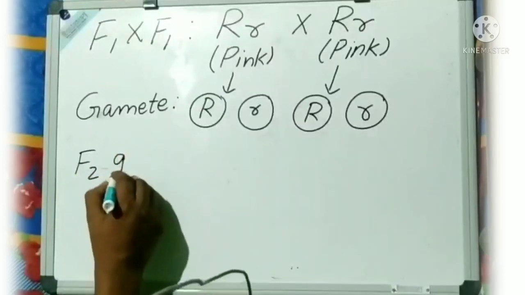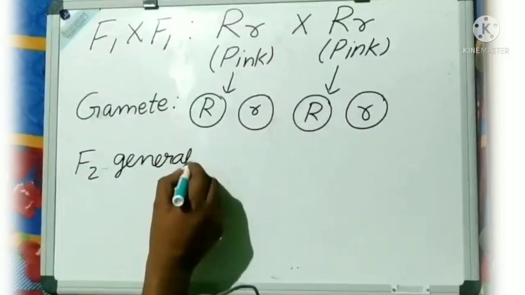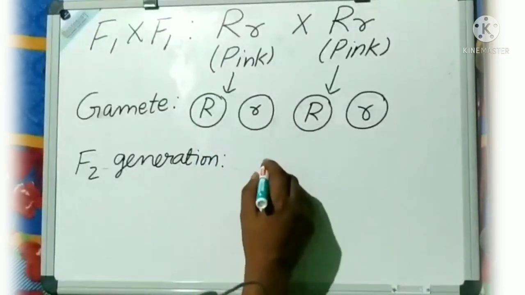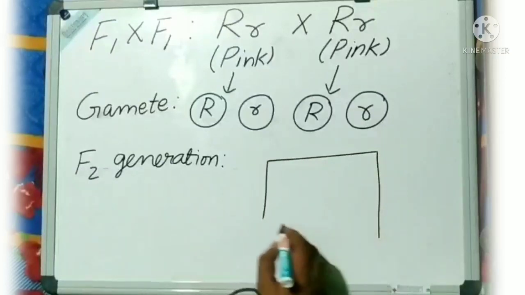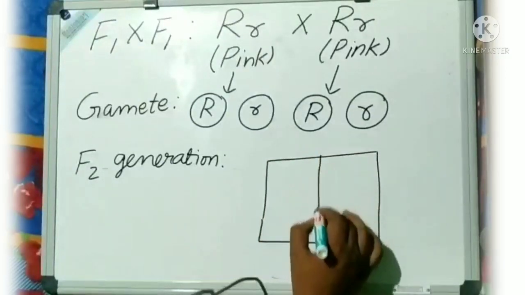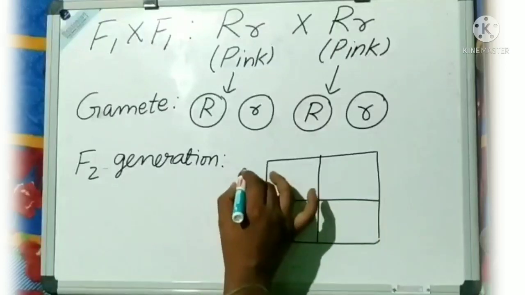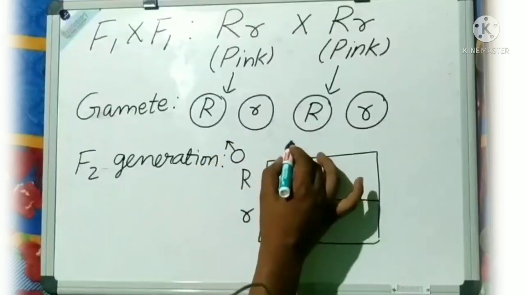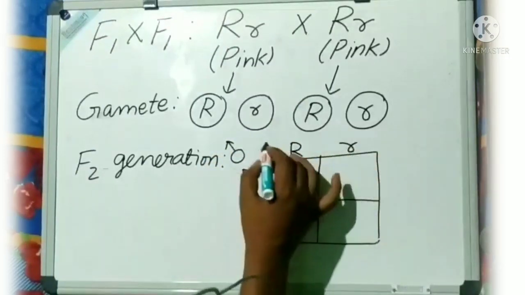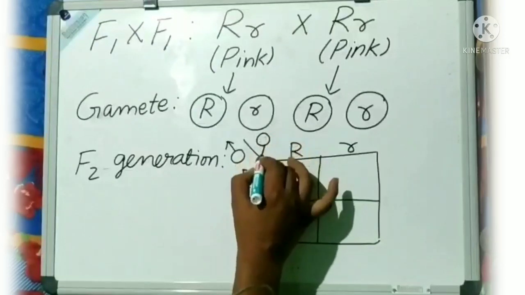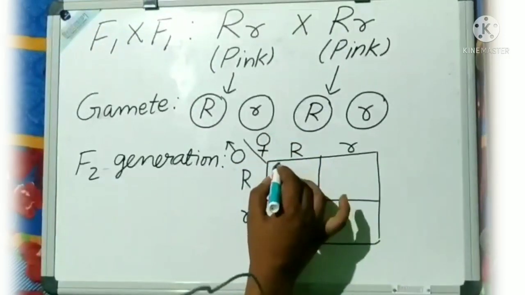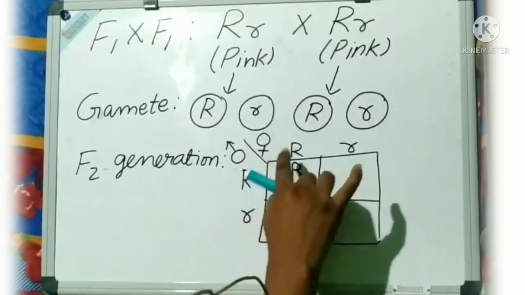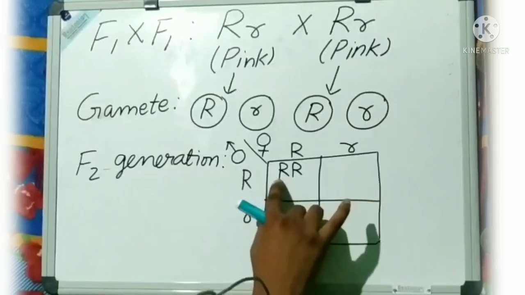Now we come to the F2 generation. Here I will fuse the male gametes with the female gametes. So we will prepare a box like this. Here I will write down the male gametes, and here I will write the female gametes. Now see the results. Here we find capital R, capital R. So this gamete fuses with this one, and we get the genotype.